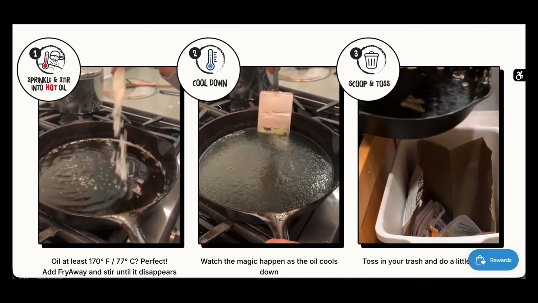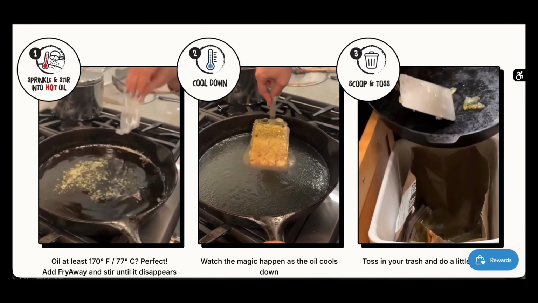So you probably have to get a plumber, waste some money or spend some money to fix that sink. Now, Fry Away is a product that solidifies your grease or cooking oil and turns it into almost like a pancake batter type of mixture or solid, let's call it that. So it's easy for you to throw that away, right?